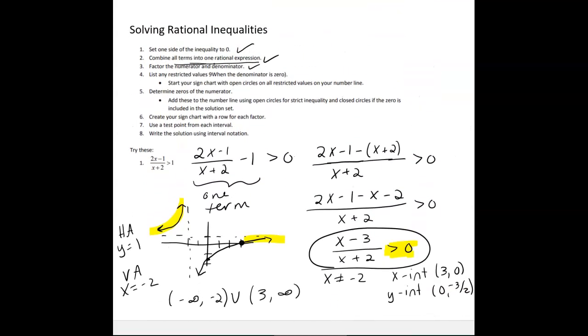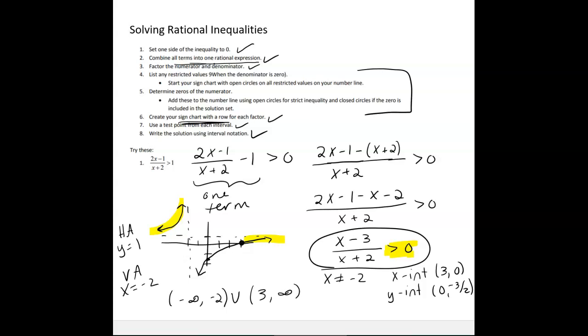Going back to the steps up here, what they were doing is talking you through the sign chart method. So you can see they actually referred to the sign chart here in this section. So we did the sign chart and the test and number in each interval, and then we wrote our solution in interval notation. And here in the middle is where it's talking about what numbers to put on your sign chart or your number line.